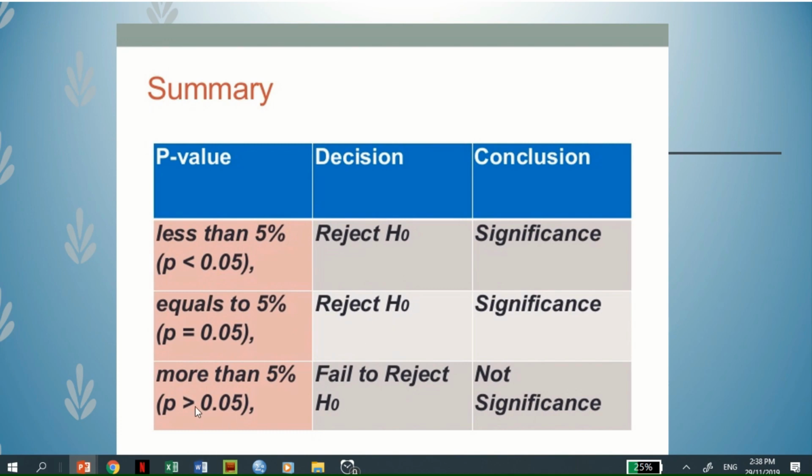But in the case that we see that the p-value is greater than 0.05, then the null hypothesis will not be rejected, or meaning to say the null hypothesis is to be retained. So basically, by performing a t-test, we would be able to identify what to do with our null hypothesis and alternative hypothesis.